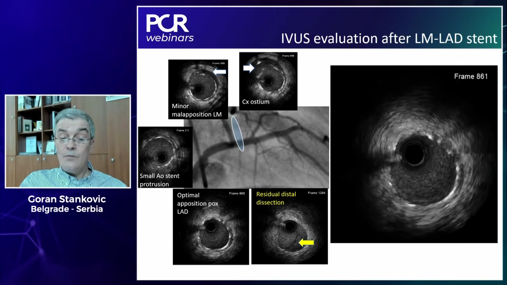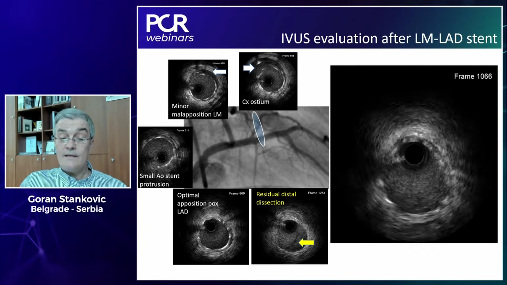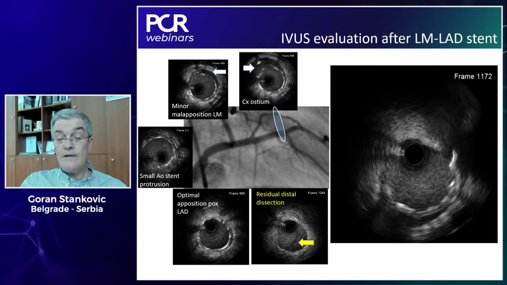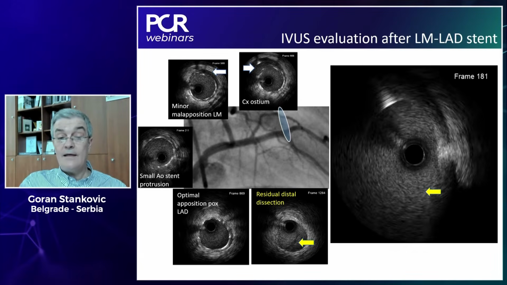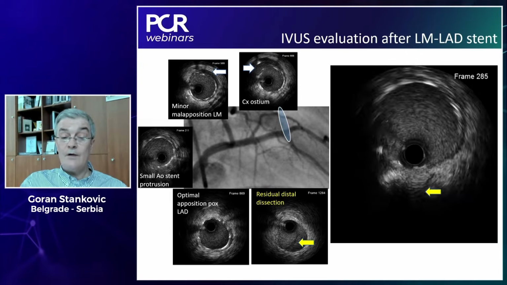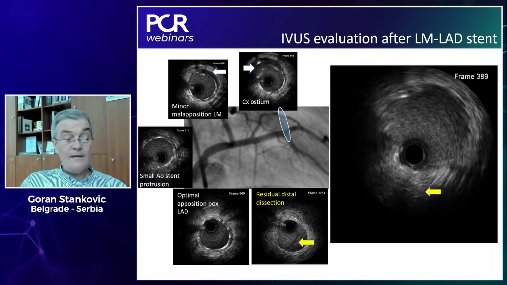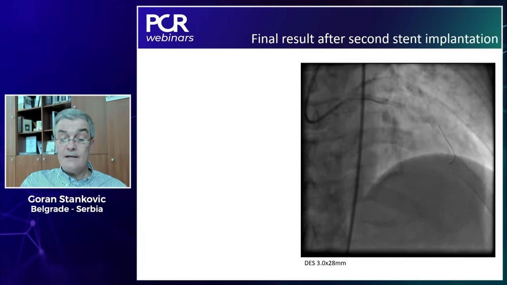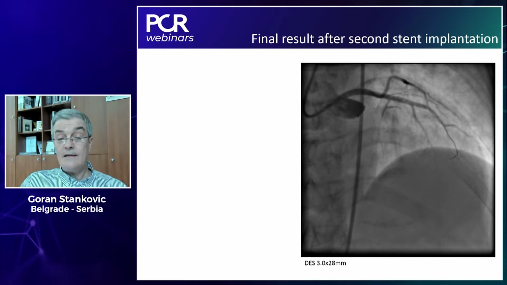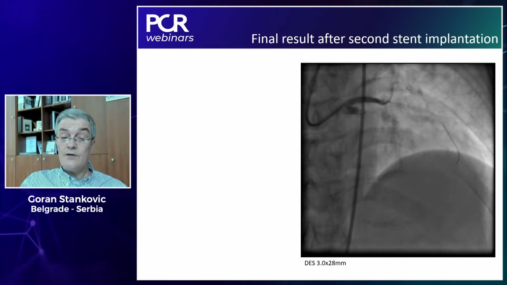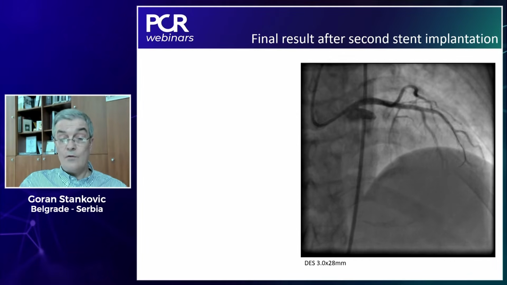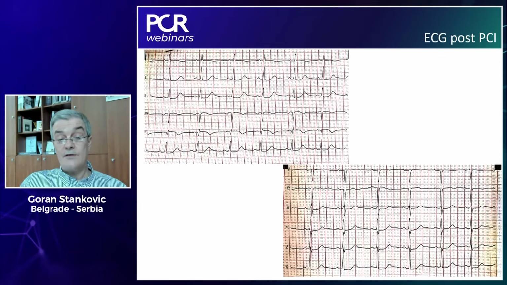And you will see now, between 4 and 6 o'clock, a residual dissection. So IVUS documented an unsealed dissection distally. So we added a second stent, and this is the final angiographic evaluation showing good flow and no distal dissection.